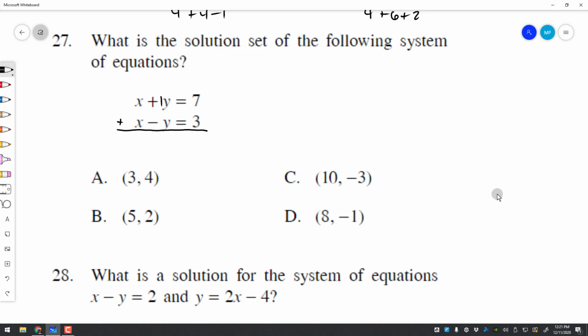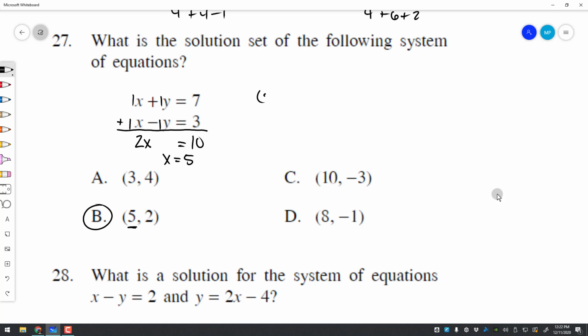And right now, if we add these together, my positive 1y and negative 1y, my y's will cancel. So 1x plus 1x gives us 2x. The y's would cancel. And 7 plus 3, don't forget to add those, gives you 10. Dividing by 2 gives me the x-coordinate of my solution. X is 5. In fact, only one of them has 5 as the correct solution.